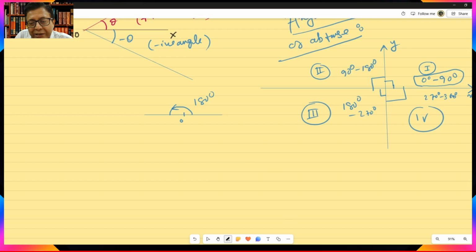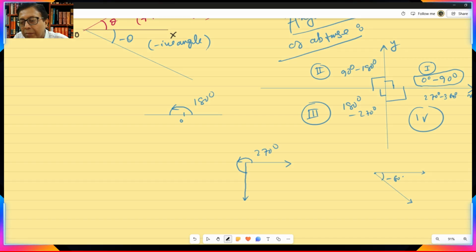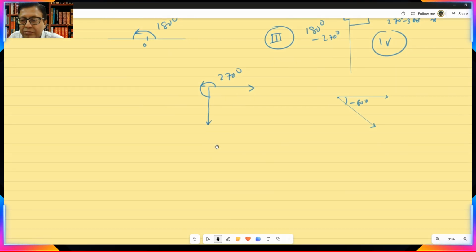How is a 270 degree angle formed over there? This way the angle will be 270 degree. Okay? How will a minus 60 degree angle be formed over there? Minus 60 degree. Clear? Understood? So this way positive and negative angles will be found.